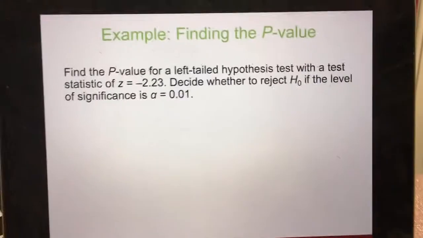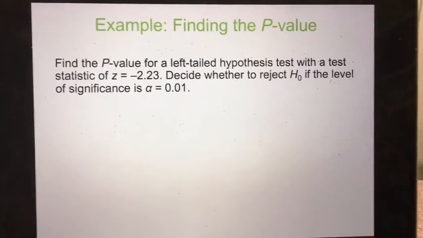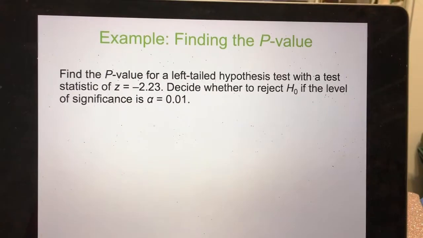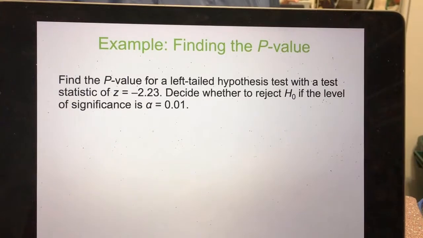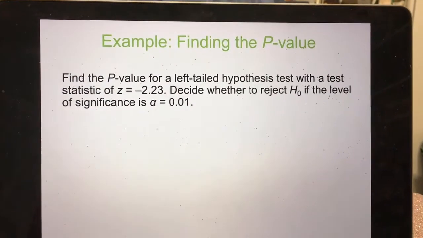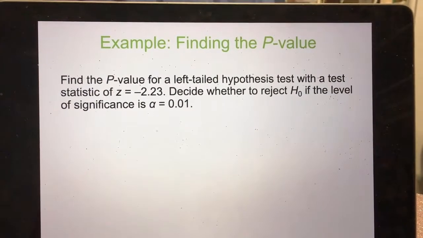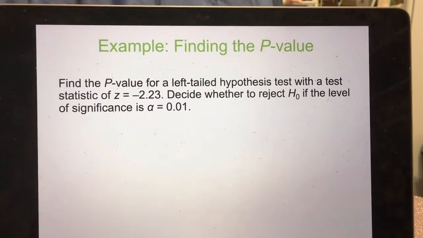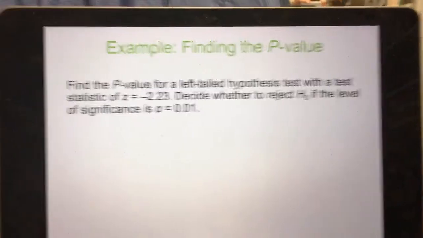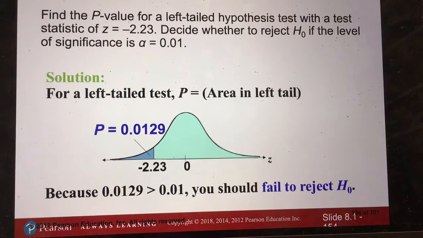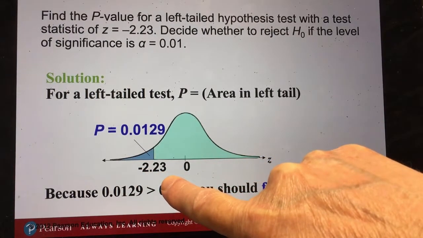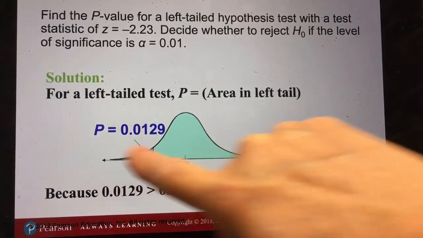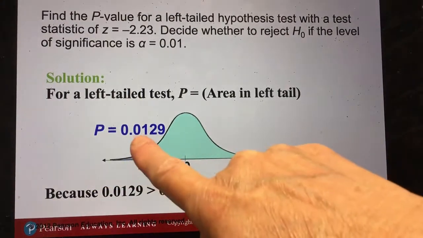Okay, so here it says find the p-value for a left-tailed hypothesis test with a test statistic of negative 2.23. Decide whether to reject H sub 0 if the level of significance is alpha equal to 0.01. All right, so when we look at our standard normal table in the back of the book, and we look at negative 2.23, which is our z-score, we find that the area to the left is 0.0129.